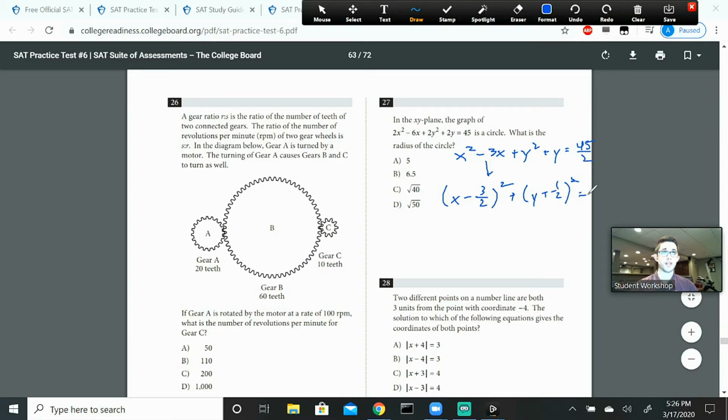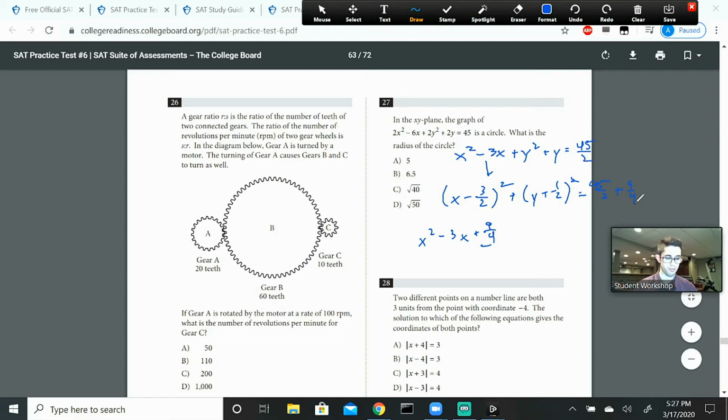Now, how that affects our equation is that if we were to expand our x minus 3/2 squared, we're going to end up getting x squared minus 3x plus 9/4. And this plus 9/4 is new to our equation, so in order to balance that out, we have to add it in on our other side, because we don't want to change what we're actually dealing with.